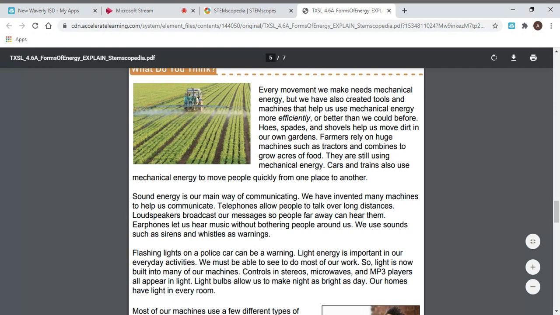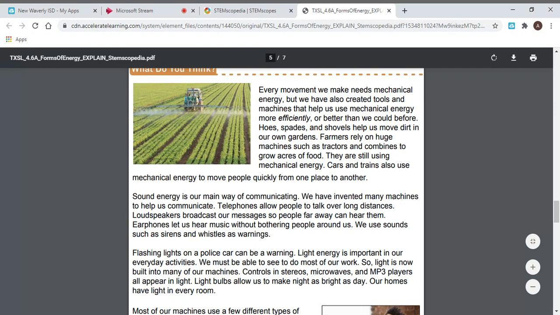Farmers rely on huge machines such as tractors and combines to grow acres of food. They are still using mechanical energy. Cars and trains also use mechanical energy to move people quickly from one place to another.